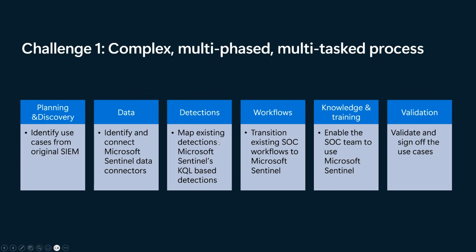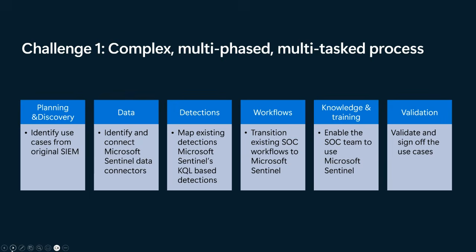After this, you need to map your SIEM source detections into the Microsoft Sentinel KQL-based detections. Then you need to transition your existing workflows into Microsoft Sentinel workflows. Then you need to enable and empower your SOC team to use Microsoft Sentinel. And finally, you need to validate and sign off the use cases.